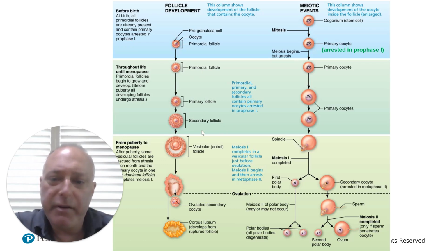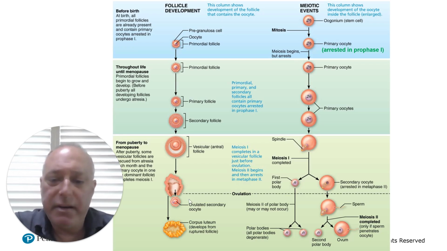This develops to a secondary follicle, into the vesicular follicle. Then we have ovulation, the point at which the egg leaves the follicle. And then the follicle turns into what's called the corpus luteum. This is a ruptured follicle, but it still will give off a lot of hormones.